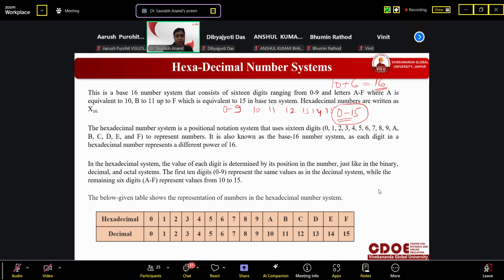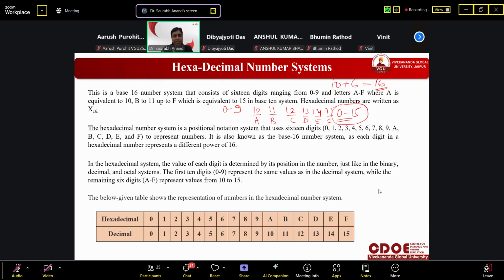These are two digits number, right? So what we can do? So in hexadecimal, we will use alphabets. Okay. So for 10, we will start from A, it is B, it is C, it is D, it is E, so A, B, C, D, E, F. Till F we will use for hexadecimal number for 10 to 15 only.